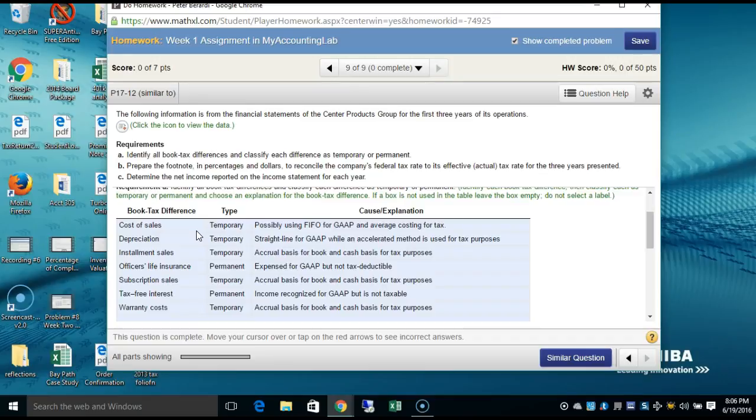Officer's life insurance is permanent, not deductible for tax purposes. Subscription sales are temporary, accrual basis versus cash. Tax-free interest is permanent. That's income recognized for GAAP, but exempt for tax purposes. Warranty costs are temporary, again, accrual versus cash.